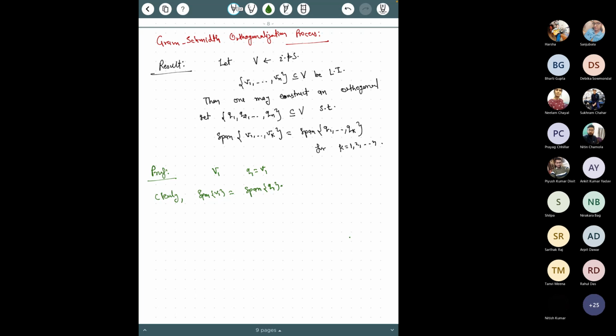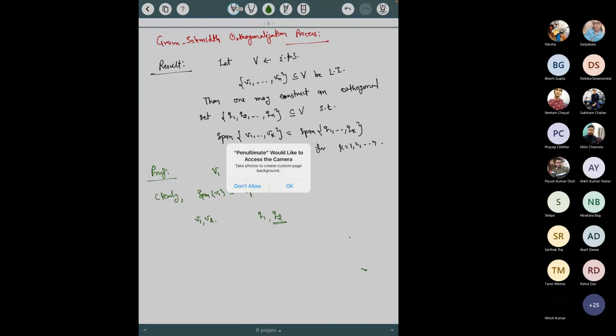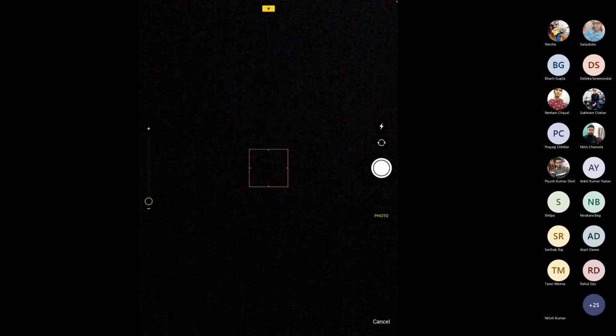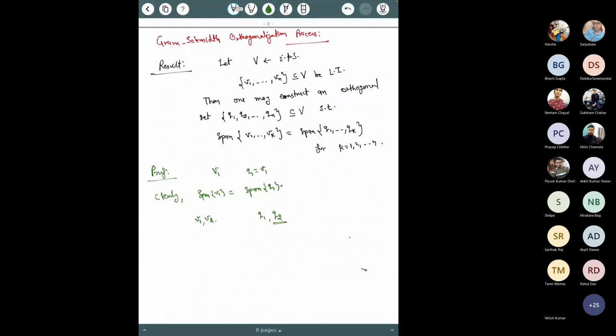It's very straightforward. Now suppose that we have two vectors. From v1 we have already generated q1. Now suppose that we have v2 also. So we need to generate the second vector q2 such that q1, q2 are orthogonal and the span of v1, v2 is the same as the span of q1, q2, because the span of v1 is already the span of q1.